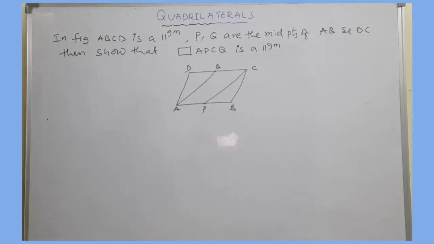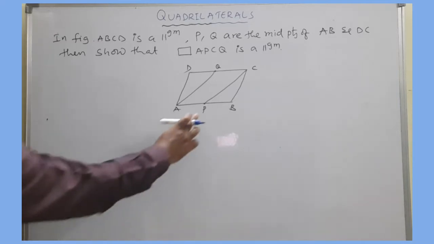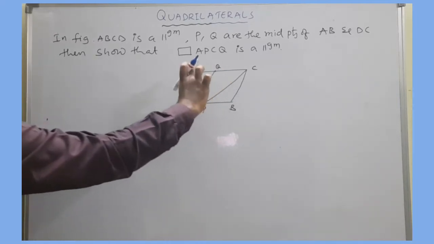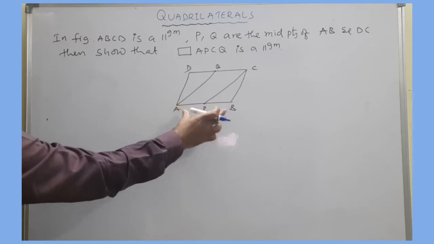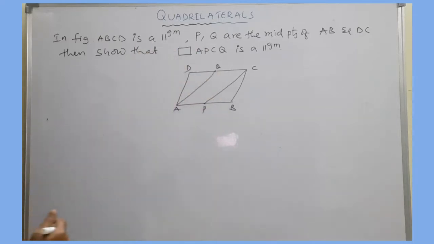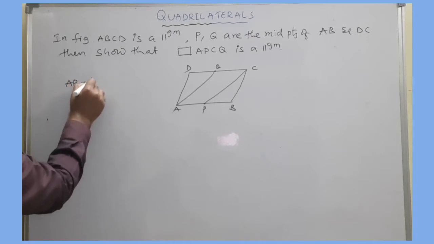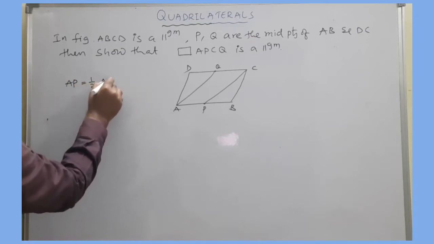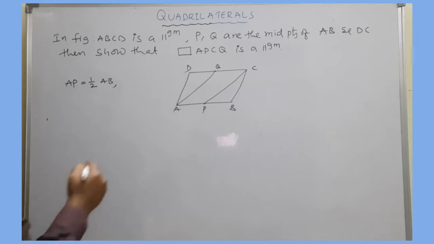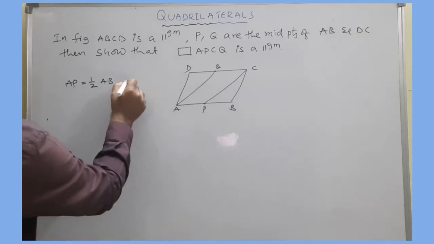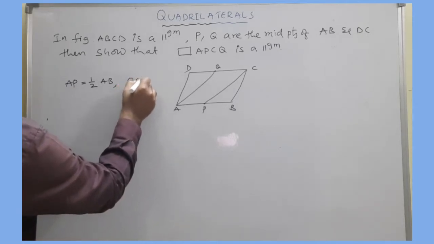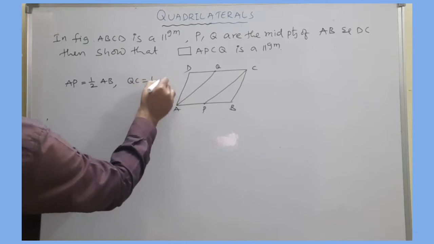See, given that P and Q are the midpoints of the sides AB and DC. Hence, I can write that AP is equal to half of AB, even QC is equal to half of DC.